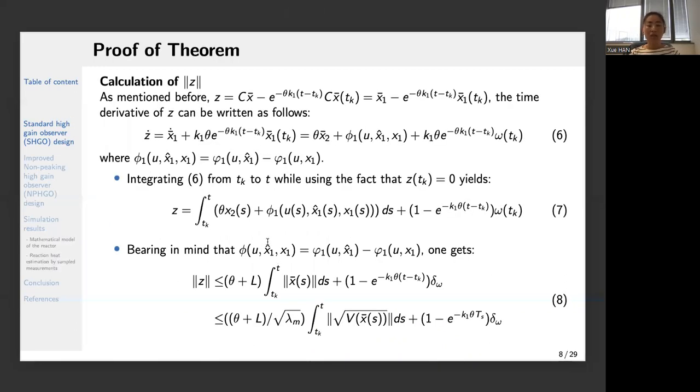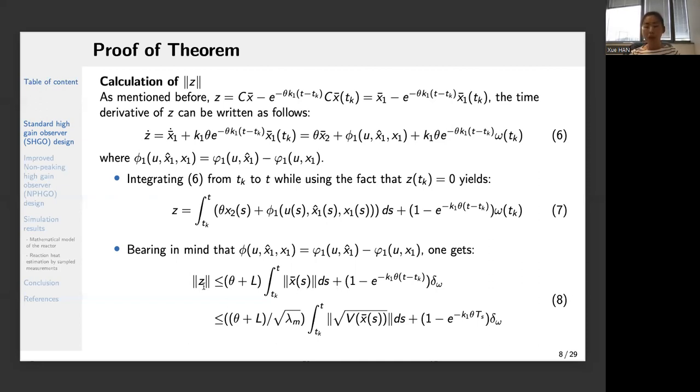And here, by using the Lipschitz assumption of the function phi, we can rewrite the norm of z in this form. Here, we transform this part as a function of the norm of x bar. And it's easy to find that the norm of one element is less than or equal to the norm of the whole vector x bar.